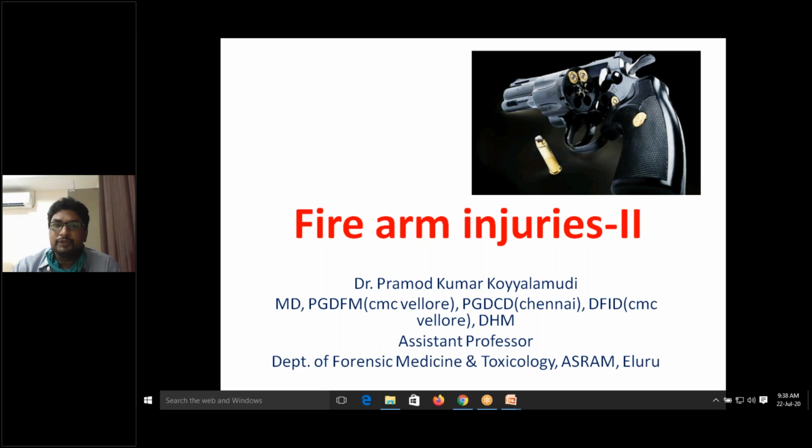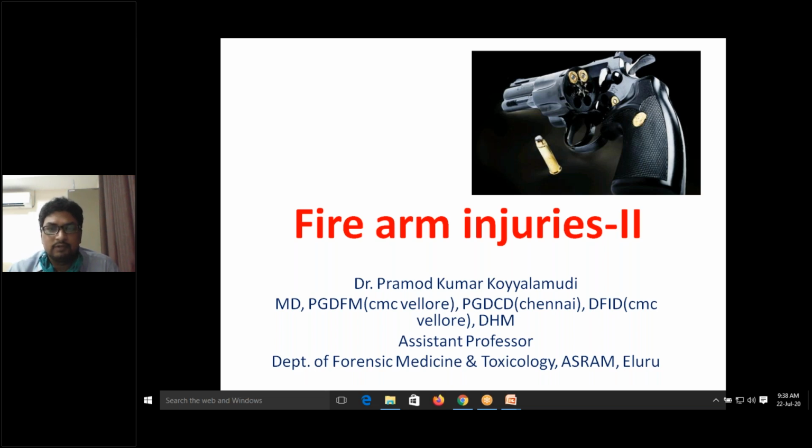Then we looked into the classification of firearms, where they are broadly classified into rifled firearms and smoothbore firearms. A rifled firearm is one where there is rifling inside the barrel of the gun, and a smoothbore firearm is one which doesn't have rifling inside its barrel.